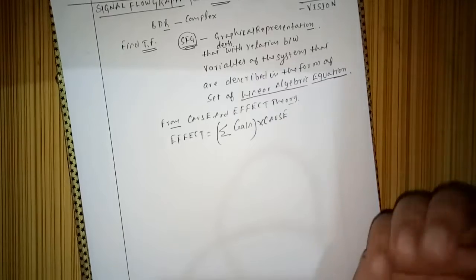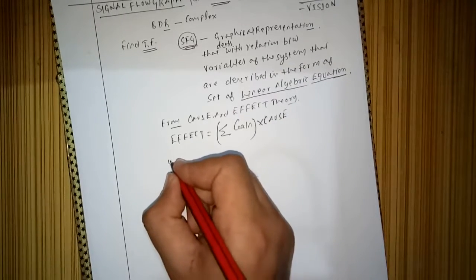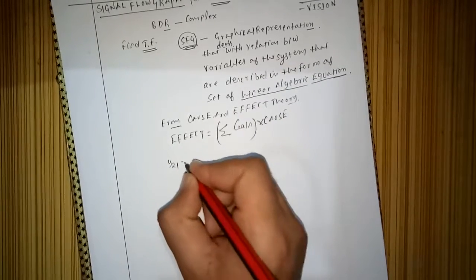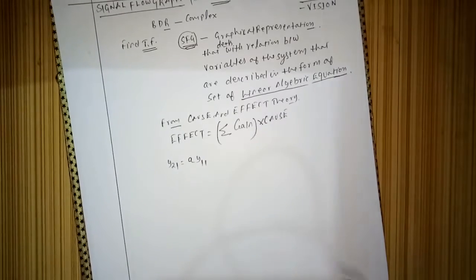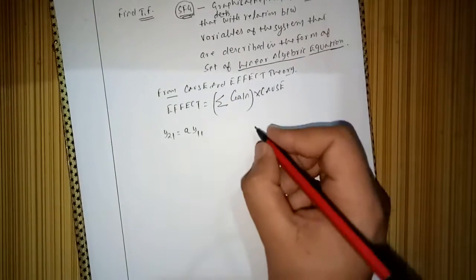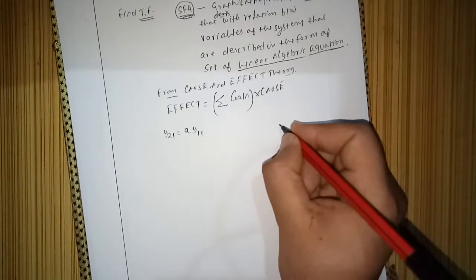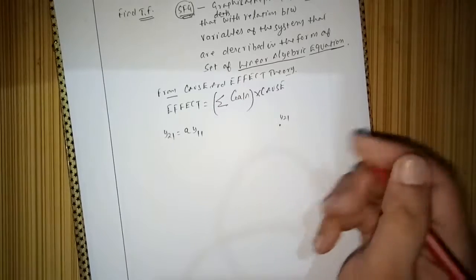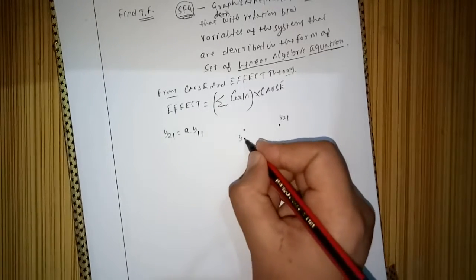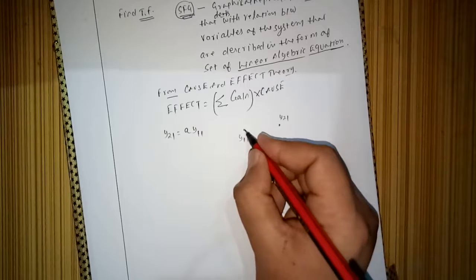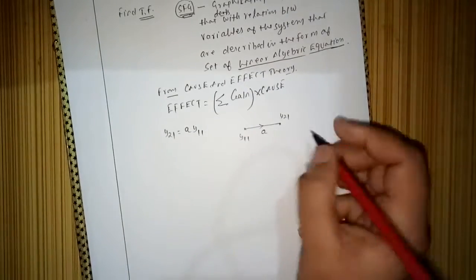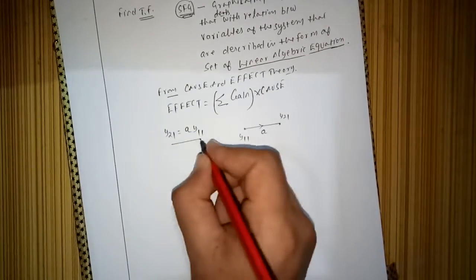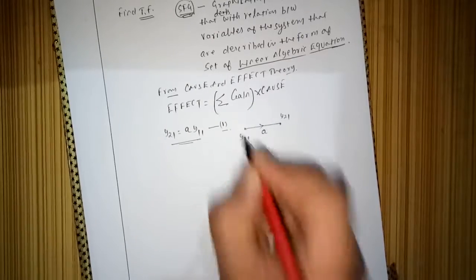Now we have an equation y21 equal to a times y11. So how do we represent it? We represent y21 as one element and y11 as another element, and the direction goes from y11 to y21. This is how we draw the signal flow graph of this linear algebraic equation.